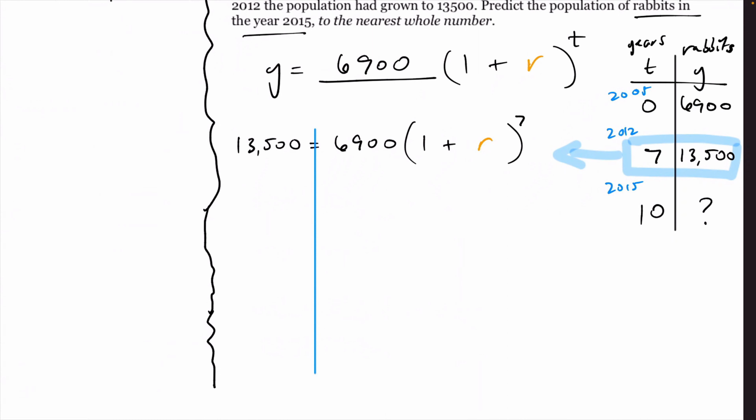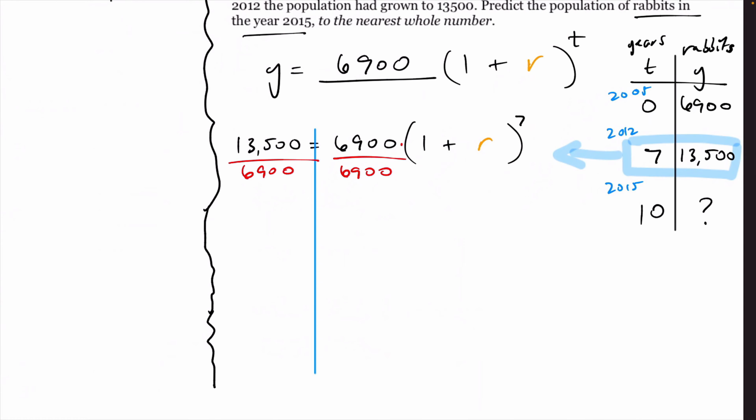What do I do next? Not subtract. You're right. I'm going to do something with 6,900, but not subtract. I'm going to divide, because it's multiplication, so I need to divide.